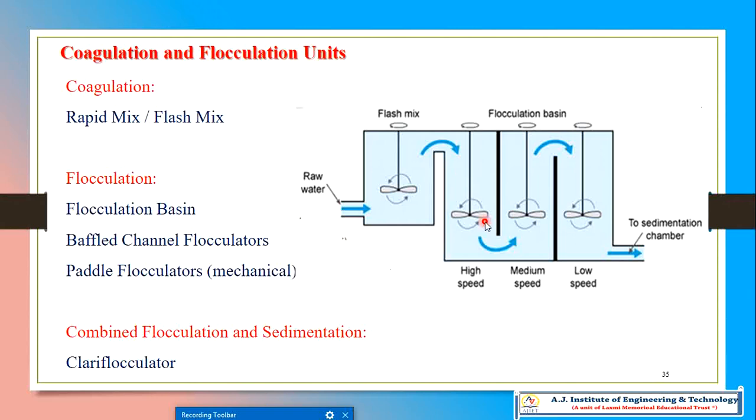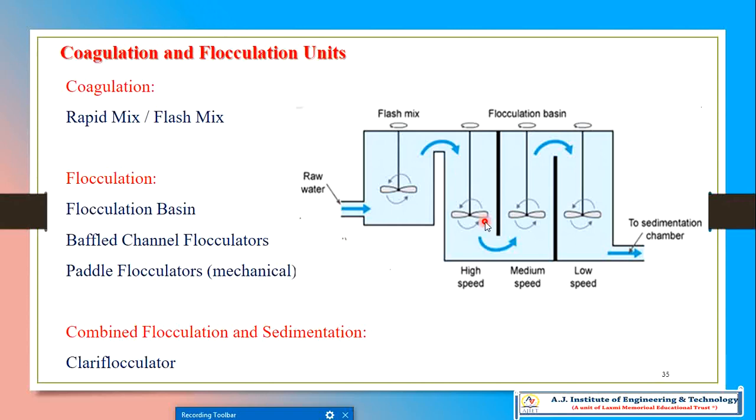Very simple. The raw water comes from the intake. We take the raw water from the river to the intake, then to the coagulation tank, and then to the sedimentation tank for settling.